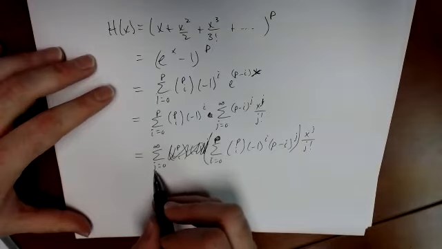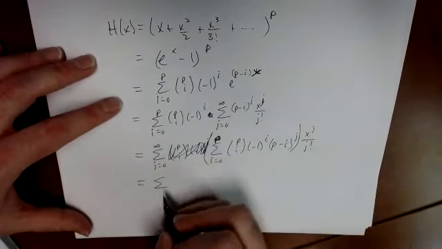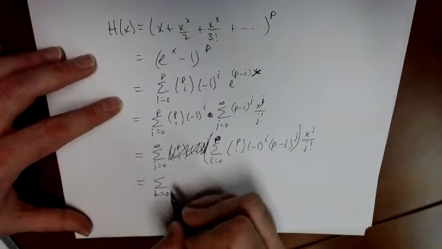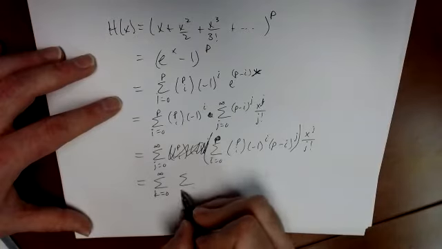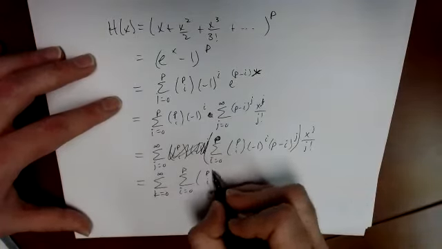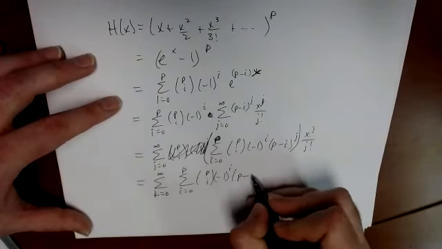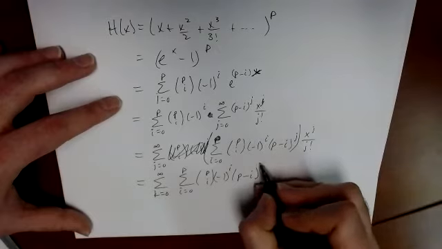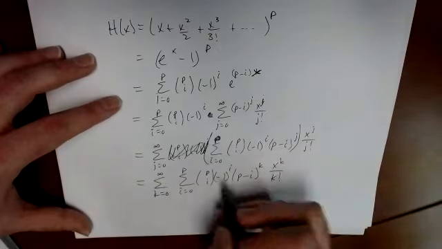Now, we didn't want this sum to be a sum in terms of j. We want this sum to be a sum in terms of k. So all I'm going to do is replace j with k. There's the first replacement, and then x to the k over k factorial.